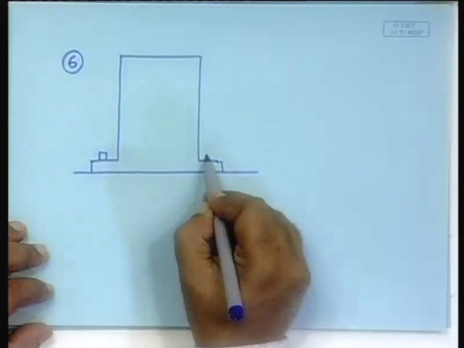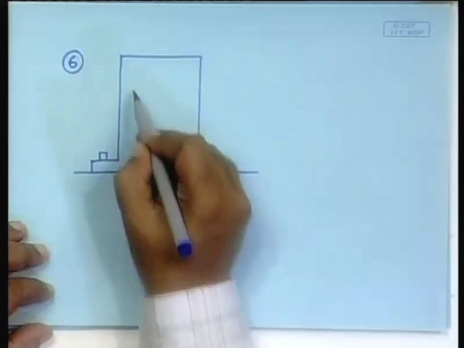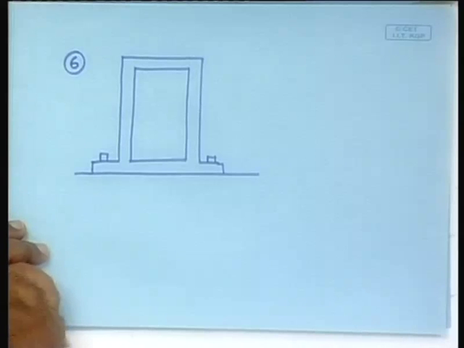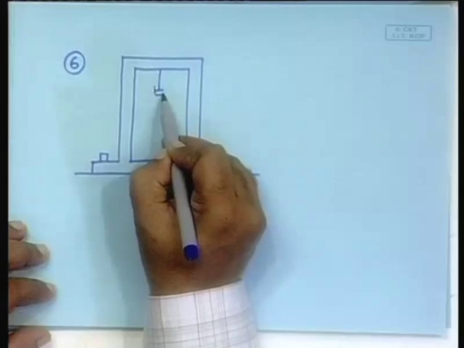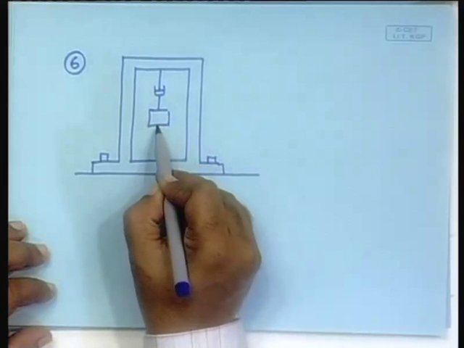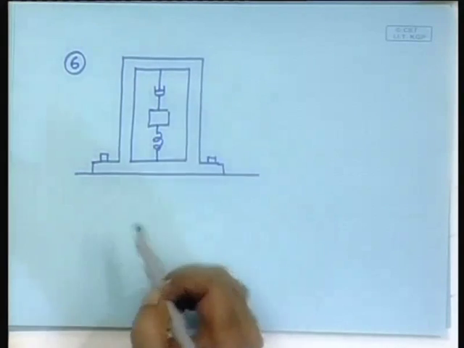Say here it is rooted to the ground, and the whole thing is a box, a hollow box. Okay. Inside it you have a spring mass spring damper kind of arrangement.